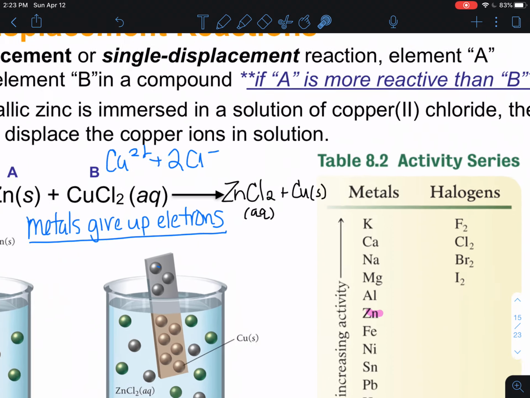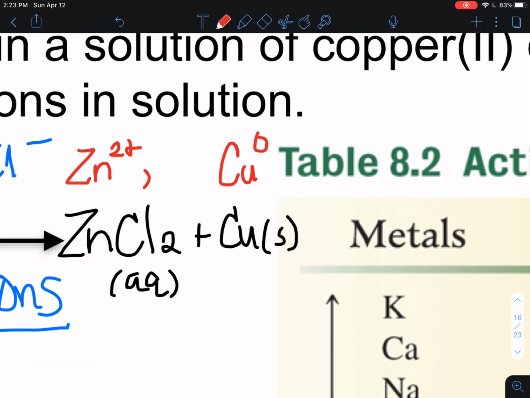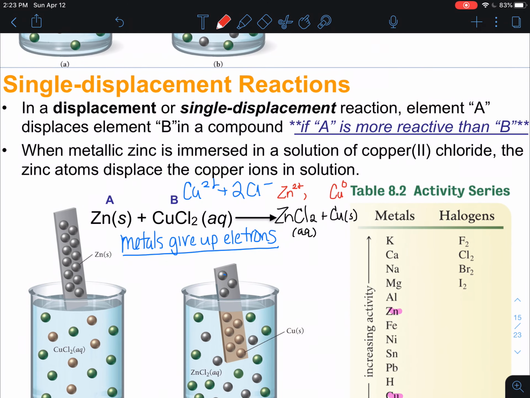The end result is, and I'll do this in red, because zinc is more reactive, zinc is now a 2+, right? And copper has no charge on it. It's a 0 because it took back electrons, right?